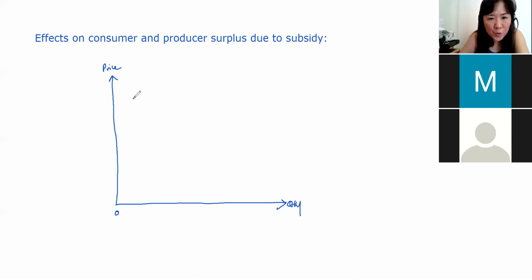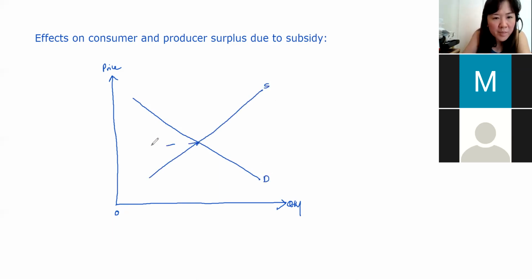So this is my demand and my supply curve. And so the initial equilibrium, same thing, PE and QE. Now, a subsidy has the effect of shifting the supply curve rightwards. But before that, let us just look at the initial consumer and producer surplus.